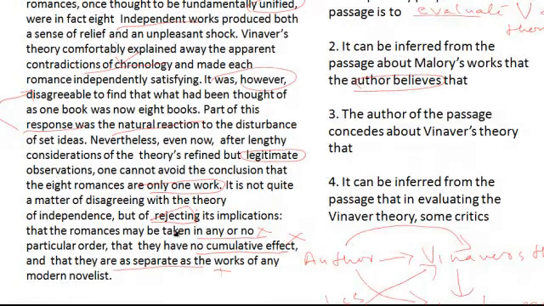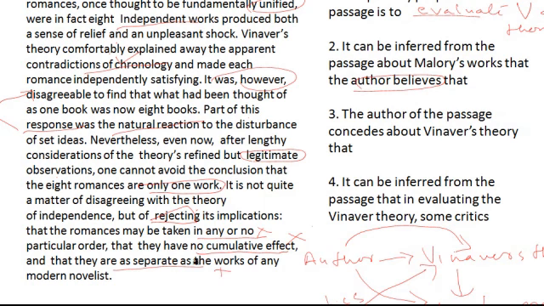When he rejects the theory's position that the romances may be taken in any or no particular order, it means the author believes that they cannot be taken in any particular order. Alright? He rejects that there is no cumulative effect, which means he believes that there is a cumulative effect.